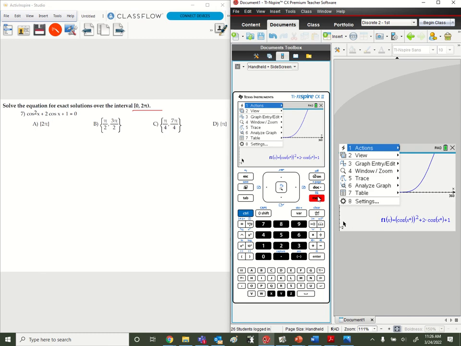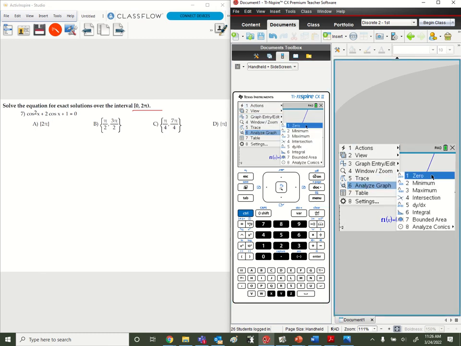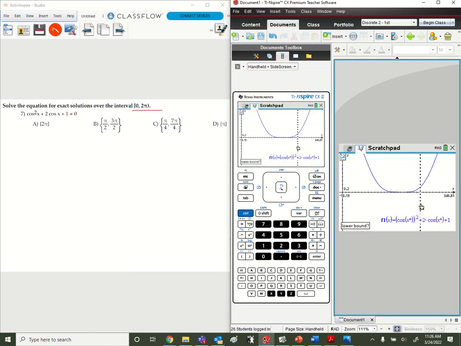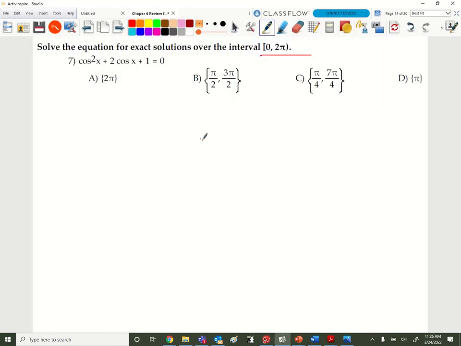So menu. Let's go 6, 1. There you go. Lower bound, upper bound. There we go. So it looks like 180 is my answer. So if 180 is the answer, that means that in radian, it's just going to give me pi.